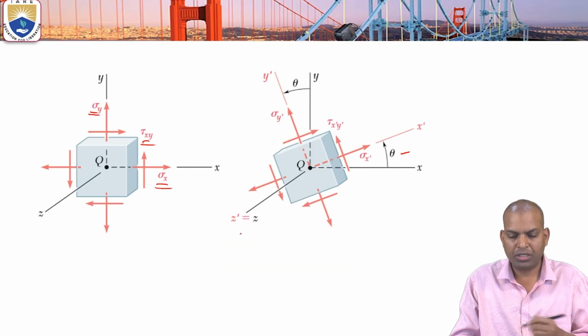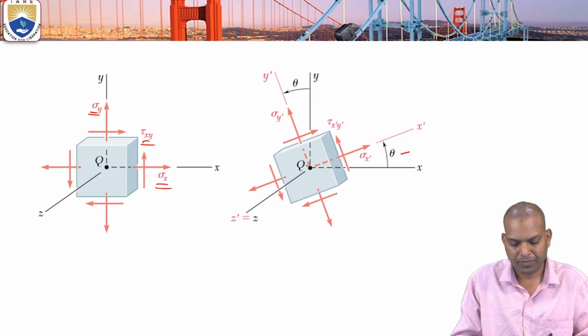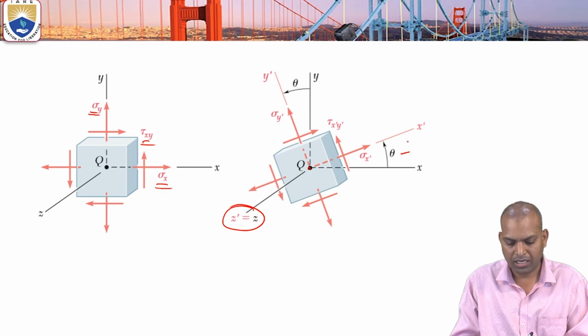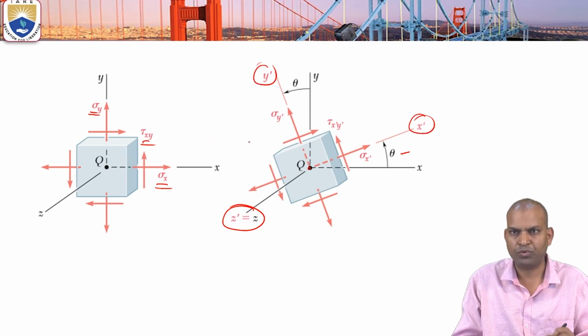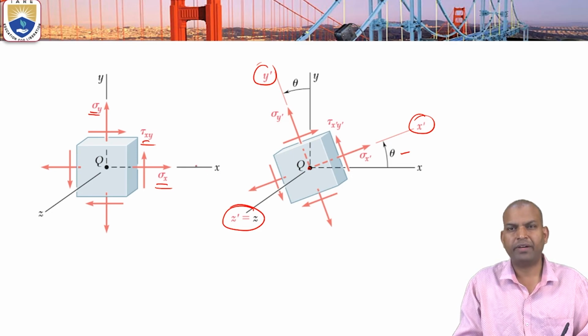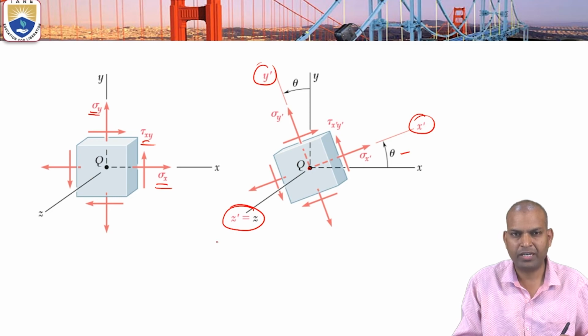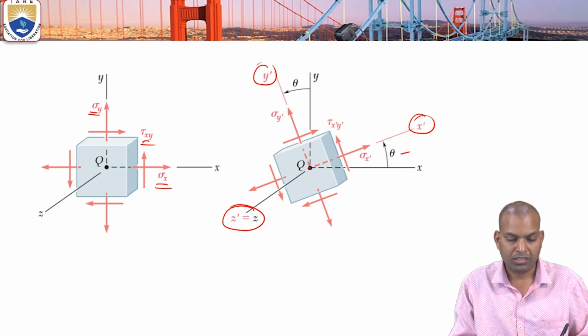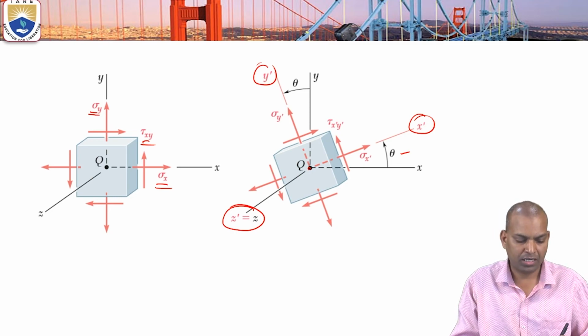When the element is rotated by an angle theta about the z axis, z dash equals z, x goes to x dash and y goes to y dash. Then we have to find sigma x dash, sigma y dash and tau x dash y dash in terms of sigma x, sigma y and tau xy.